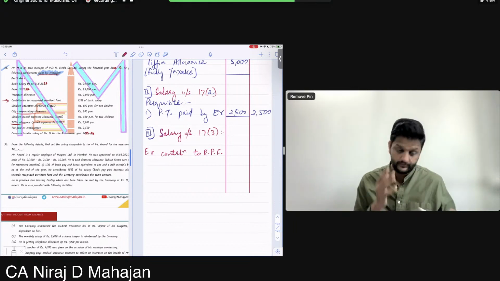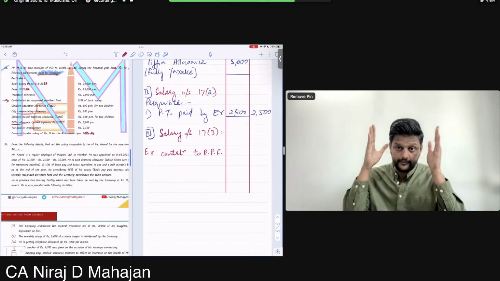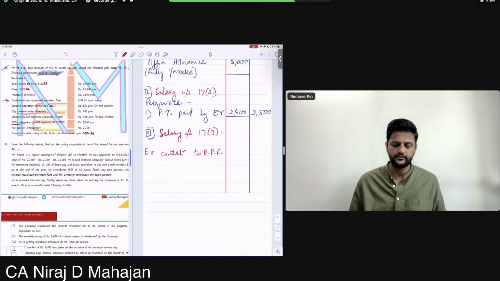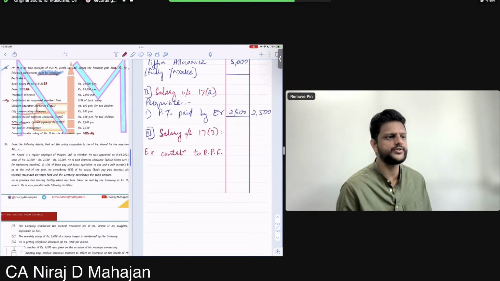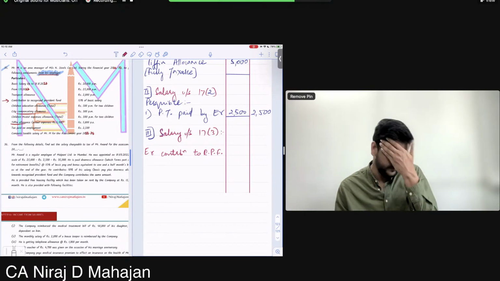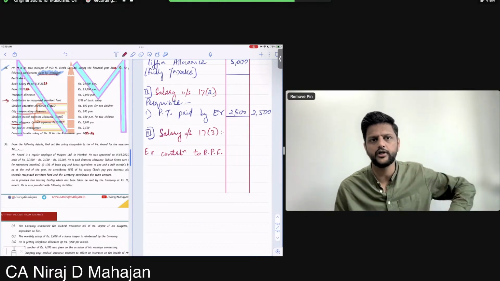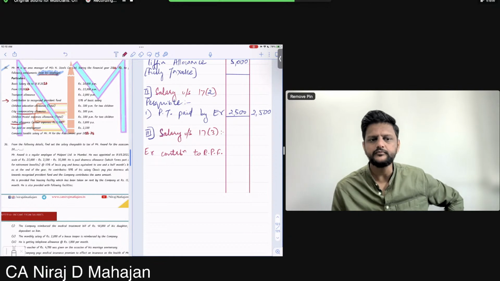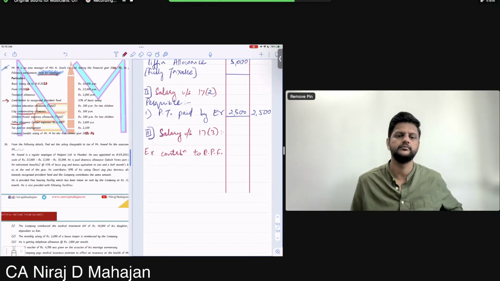Again, there is a table I've given you. Recognized, statutory, unrecognized, and PPF, public provident. What is the taxability under 17.3? What about employer's contribution? Employer is contributing for you. So what is the law? There is some rate given or not given.